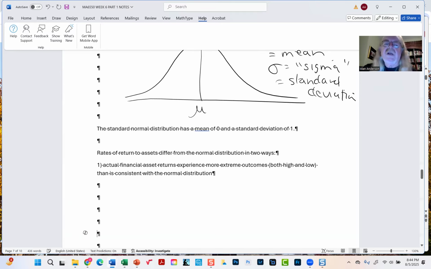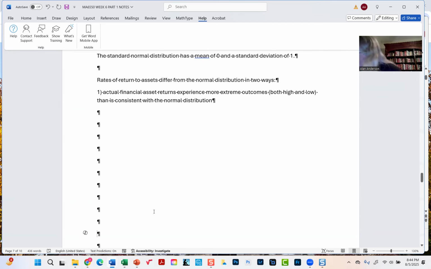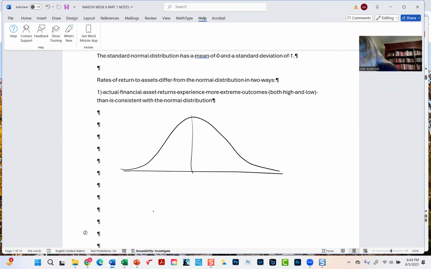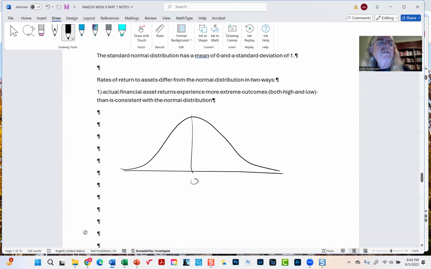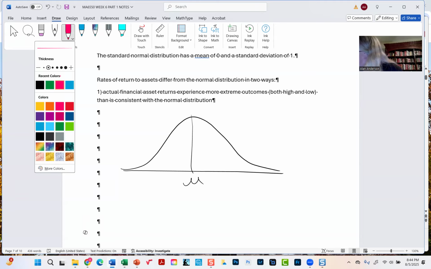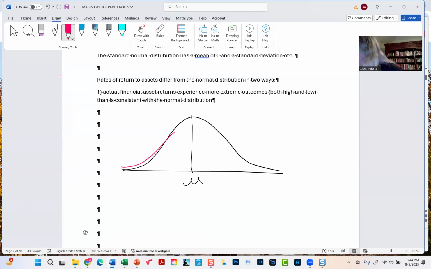So in other words, you're going to see something like this instead of the normal. Black will be the normal distribution. We'll have red be the actual returns, and they're going to be more like this. So this is actual returns.